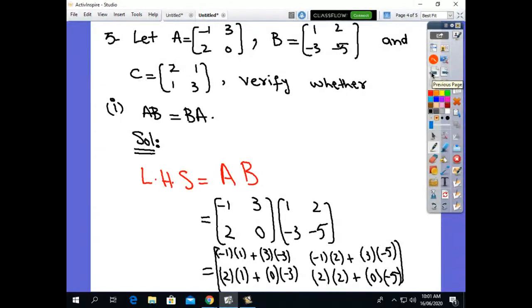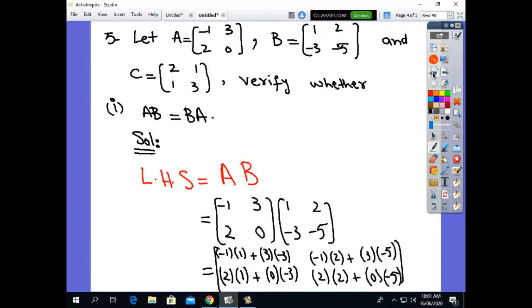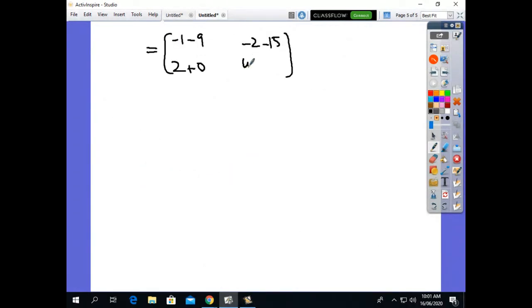The third one is 2, 0. And the last one is 4 plus 0. Now, after more simplification, we get -10, -17, 2, 4, which is the left hand side.